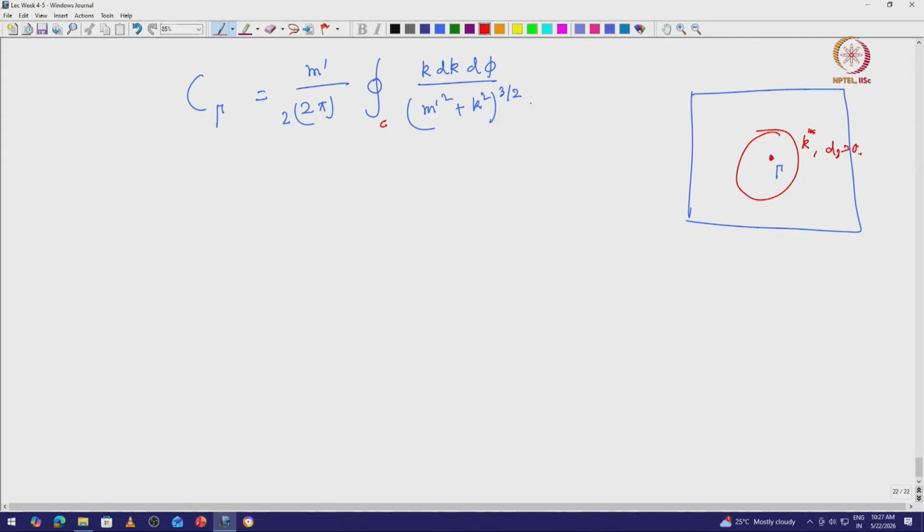Any small contour, big contour does not matter, because this one is only singular around k equal to 0, around this point. So any small contour you choose does not matter, it is like a solenoid. So the electron is moving in a larger or smaller contour, it does not really matter.